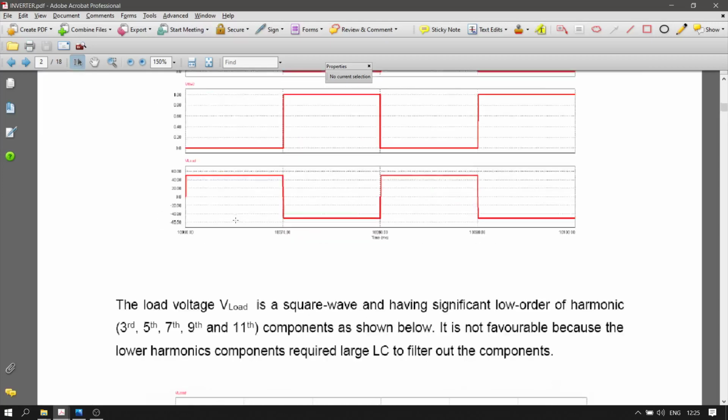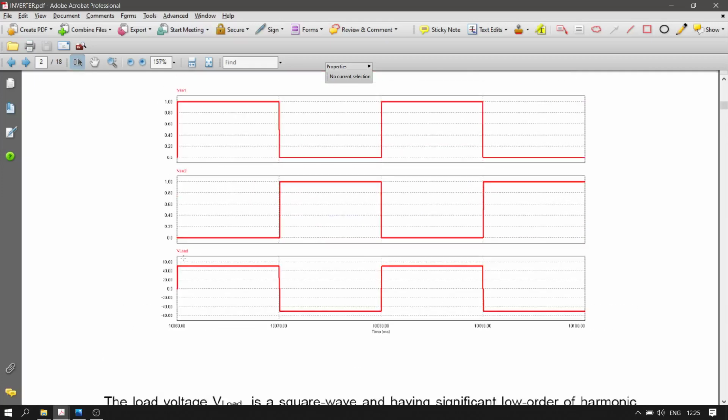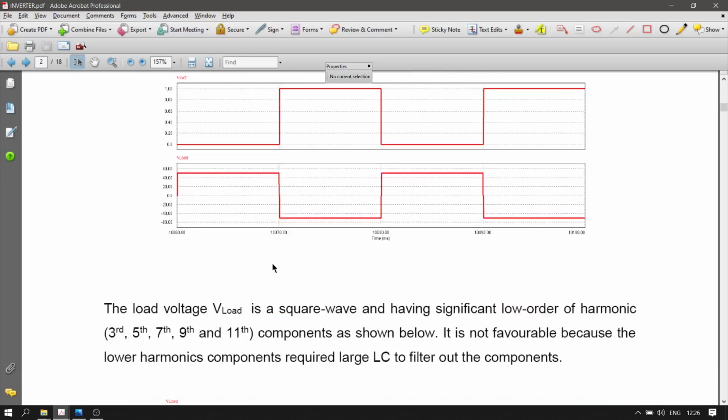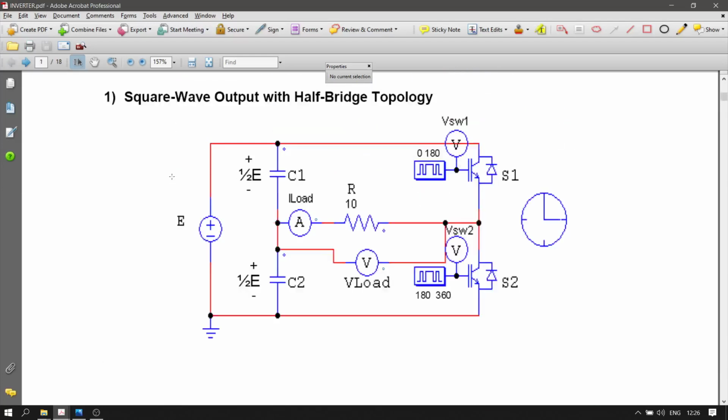And if you look closely, the V load, the output load voltage, the amplitude here depends on the topology. If it's a half bridge, then the amplitude of that output voltage will be half of the input voltage.